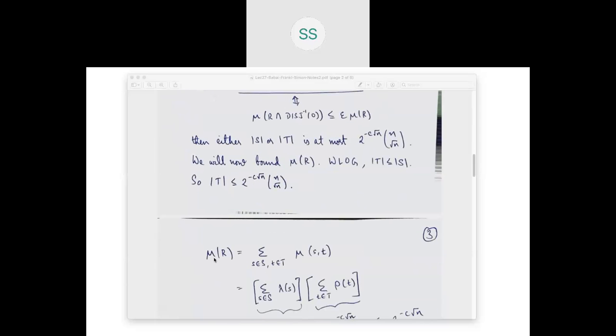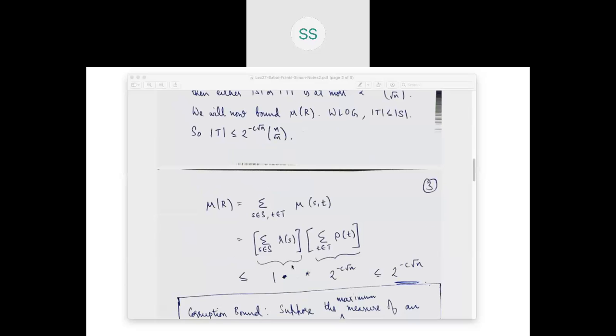So now the measure of R is the summation of the measures of the elements in R. But since it's a product distribution, we could just split it into products. We have no bound on S, but we have the trivial bound that the summation of the measures will be at most 1. So we use that.